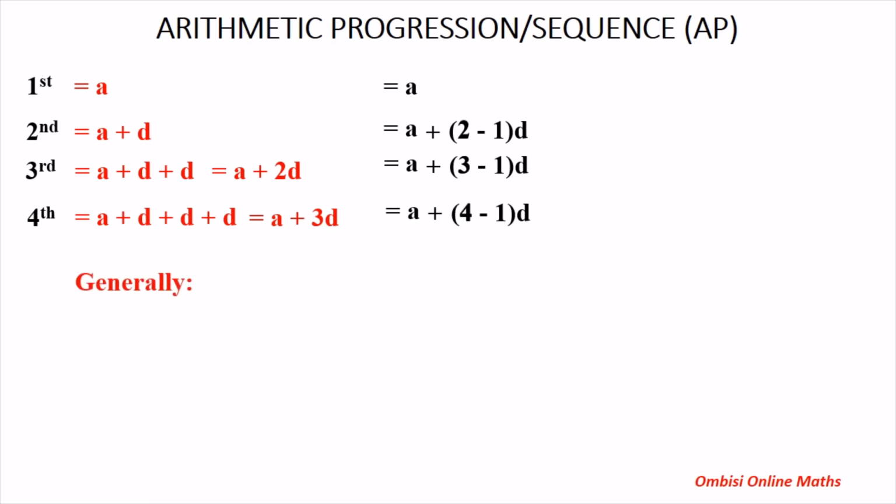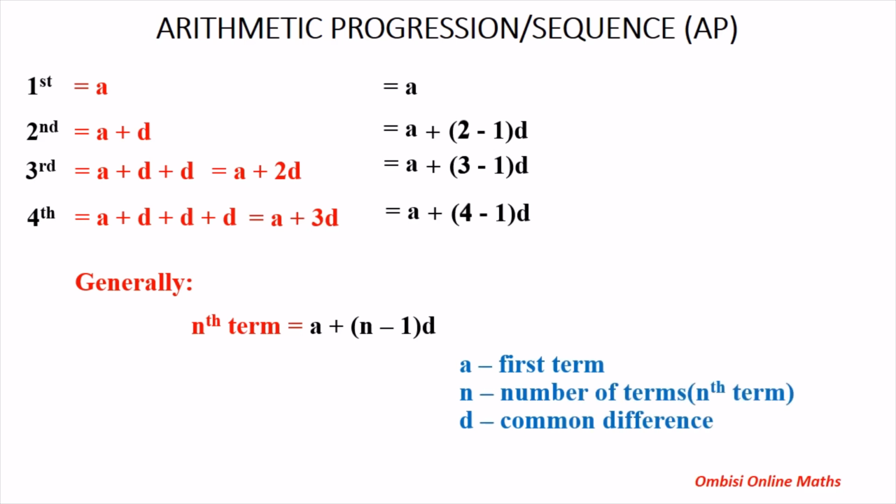So generally, we can conclude that for any arithmetic progression or any arithmetic sequence, that is AP, the nth term is equal to A plus into brackets n minus 1, close the bracket, D, where A is the first term, n is the number of terms, that is the nth term, and D is the common difference.